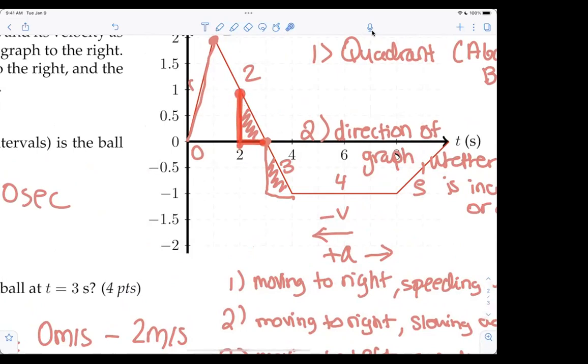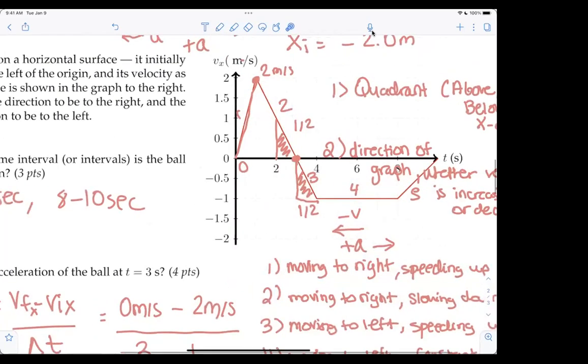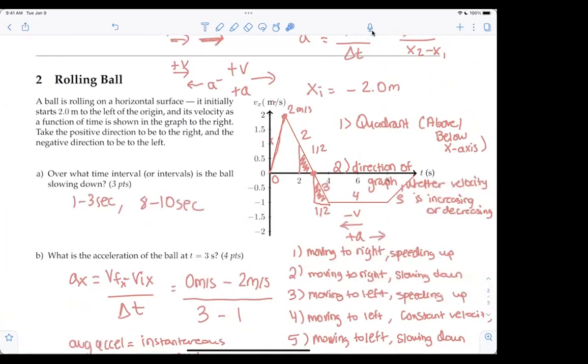Base, that's 1 second, times height, that's 1 meters per second, and then times 1/2, right? So that's 1/2. And then this is 1, and this is 1/2 as well, right? It's just that this is negative because it's in the negative direction. But you can see that I'm traveling the same distance per second, basically. And so you can tell that there's uniform motion.